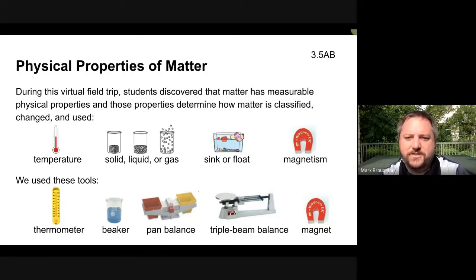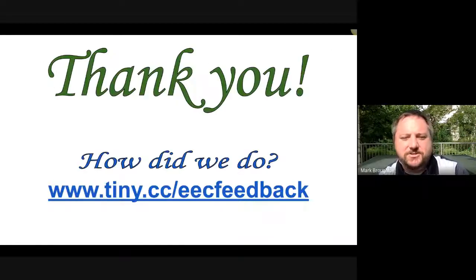And then remember, if it floats, that means it's less dense than the water. If it sinks, that means it's more dense than the water. And you learned how to test to see if matter is attracted to a magnet or not. And the tools you use to do those things are a thermometer, a beaker, a pan balance or triple beam balance, and a magnet.